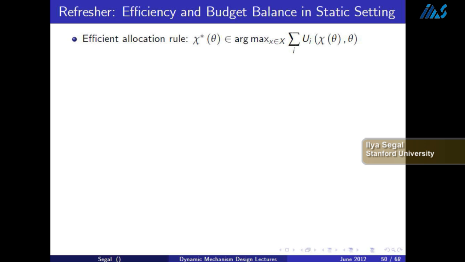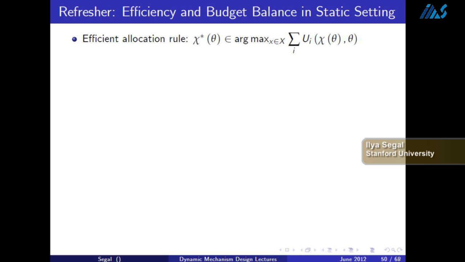In the classic setting, the efficiency problem is defined simply as maximizing the sum of the utilities of the agents. Just to remind you, U_i is the utility of agent i, which depends on the decision and the state of the world. So the efficient allocation rule is the one that in every state of the world chooses an allocation that maximizes the sum of utilities of the agents.